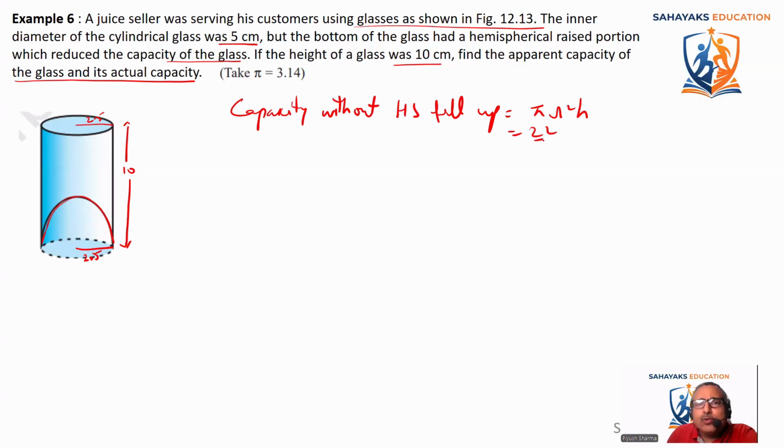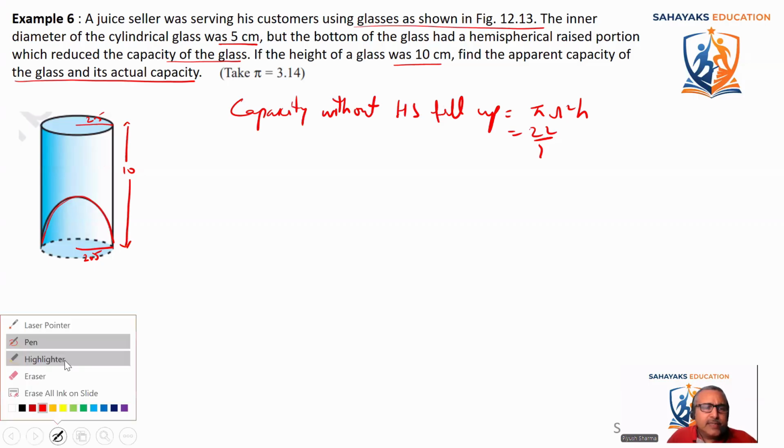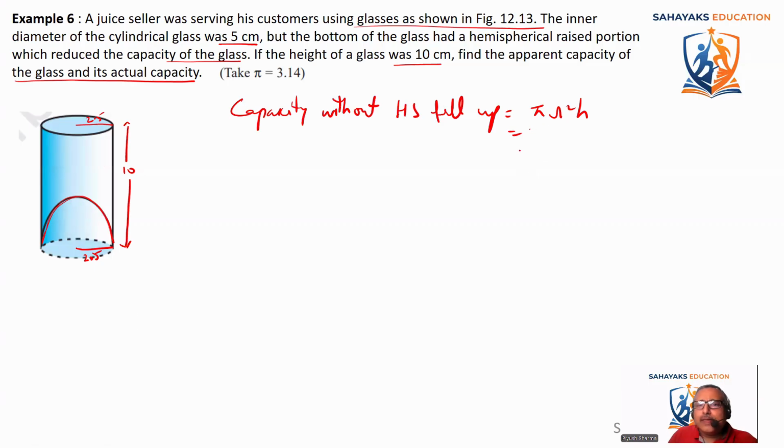So you can say 22 by 7, but they have asked us to take 3.14, so we'll take it as 3.14 into r square. Our radius is 2.5 into 2.5, into height is 10.